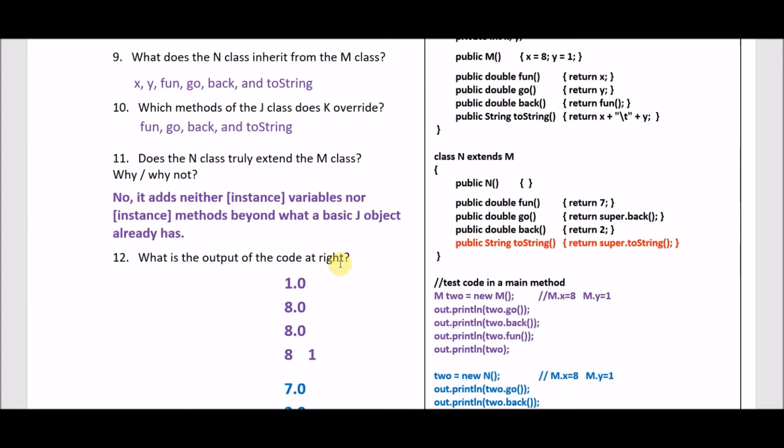by the way, let me say again, I've said before, you have to be careful that the code even compiles, but the only time it won't compile is if the subclass adds on new methods and you're trying to call that new method with a superclass reference. So if n had a new method and you tried to use an m reference to access it, it wouldn't compile.